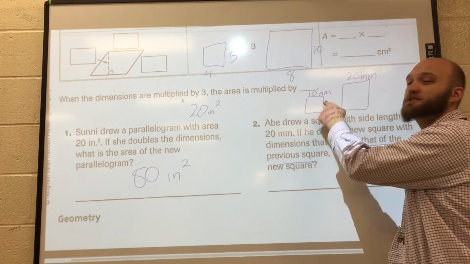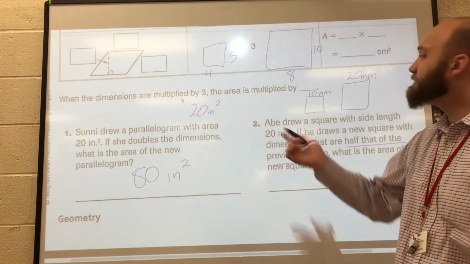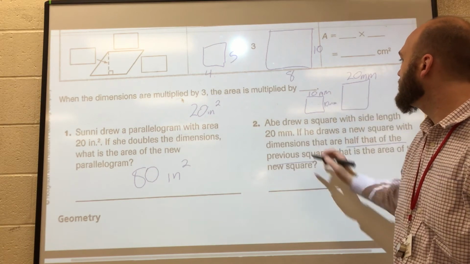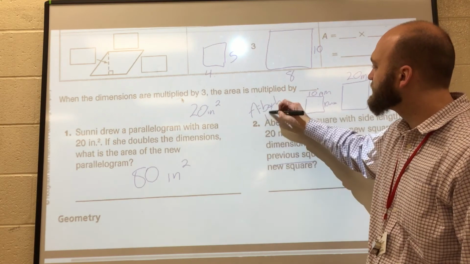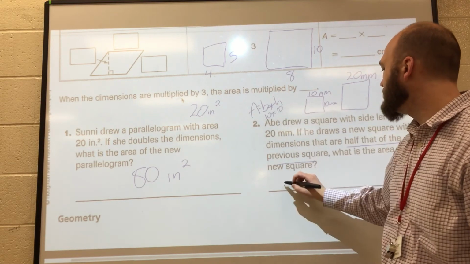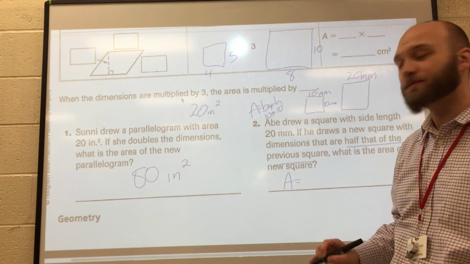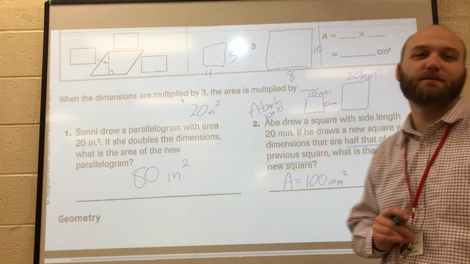Half of 20 millimeters is 10 millimeters. So what is the area of my new square? 10 millimeters by 10 millimeters. So area equals base times height, or 10 times 10. So my area is going to be equal to 100 millimeters squared.